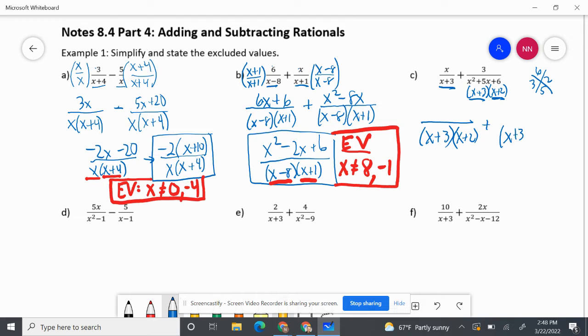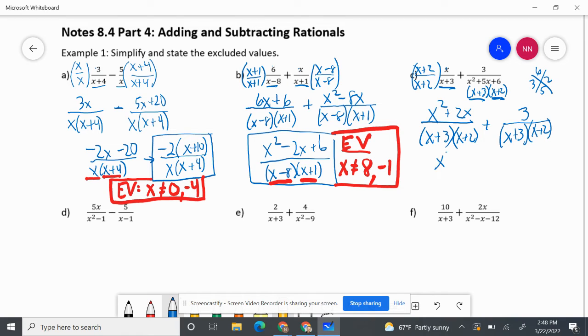Now, what we notice is that with our first one, we're going to do the same thing that we did for the other ones. We're going to multiply it by the x plus 2. But for the second one, what we notice is that it already has the same common denominator. So we're just going to bring down the 3. So x times x is x squared. X times 2 is 2x.